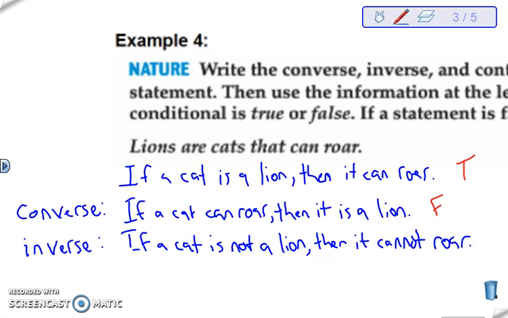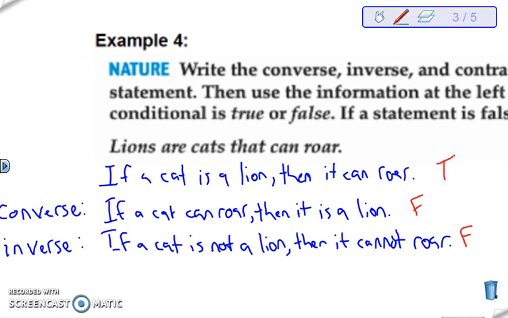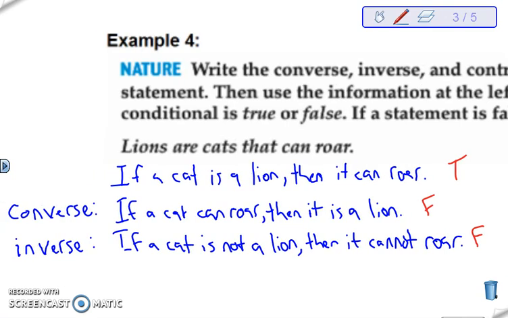Is that true? Nope. Because again, a tiger is not a lion, but a tiger can roar. So again, any example that makes it false, you've got to put a false.